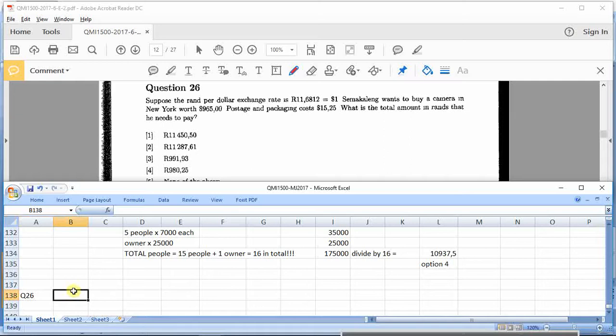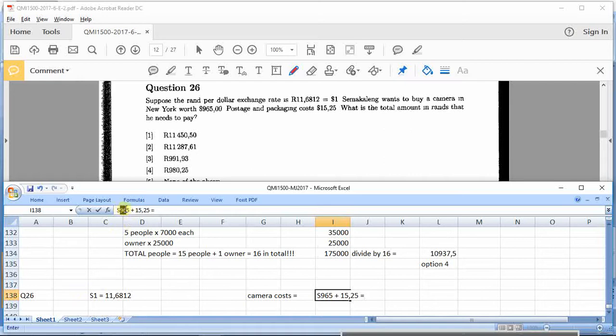Suppose the rand per dollar exchange is that. So the dollar, $1 equals 11.6812. S wants to buy a camera in New York. So the camera costs $965 plus packaging and postage of $1525.